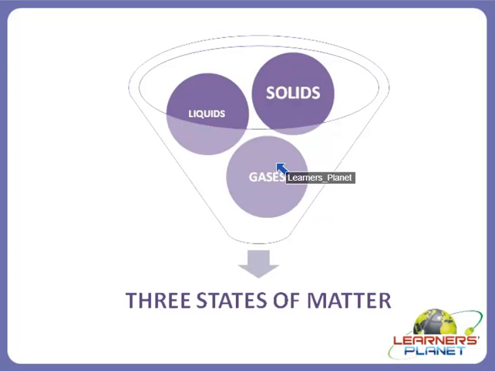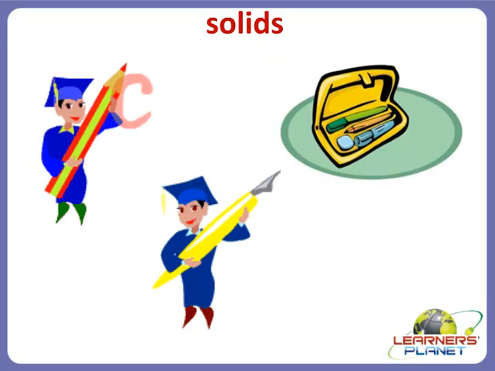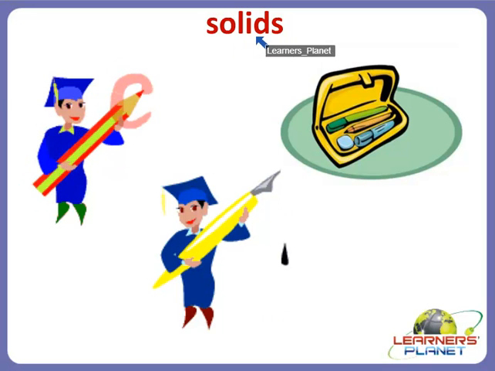So children, these are the three basic states of matter. And now we are going to study about all these three states of matter in detail. So children, the first state of matter is solids.